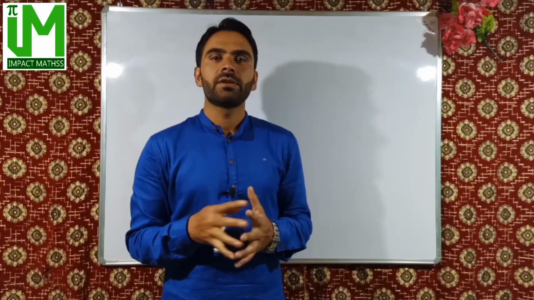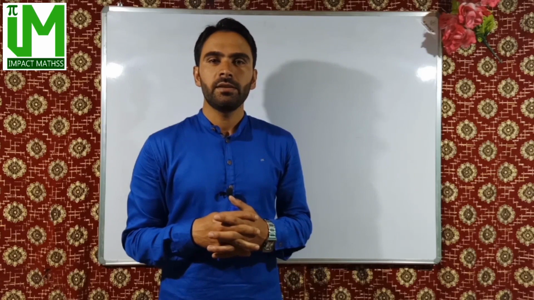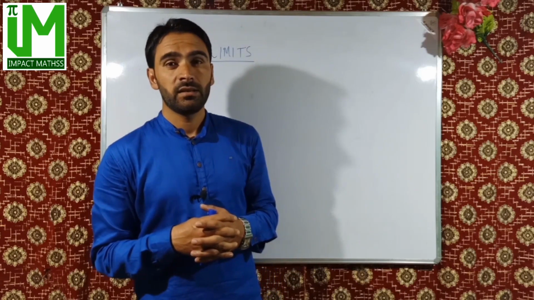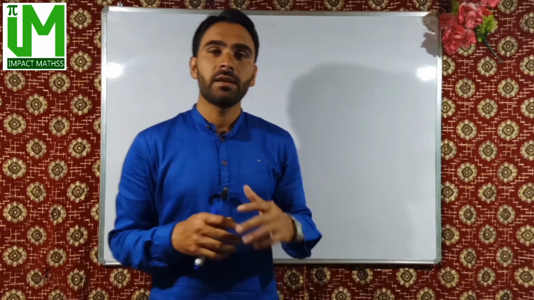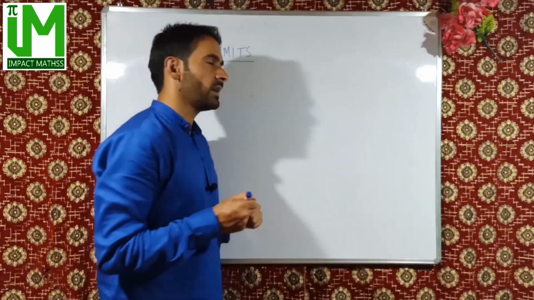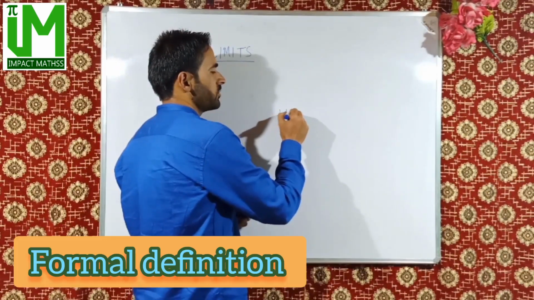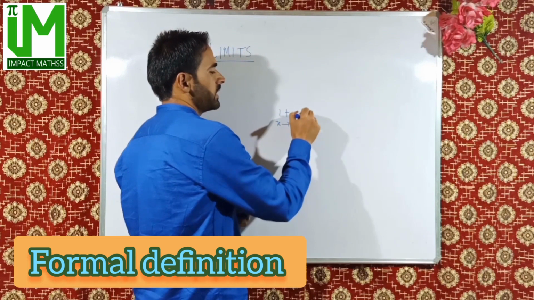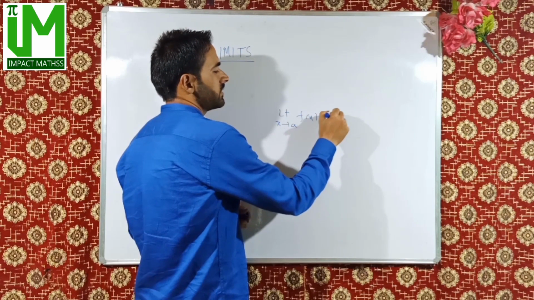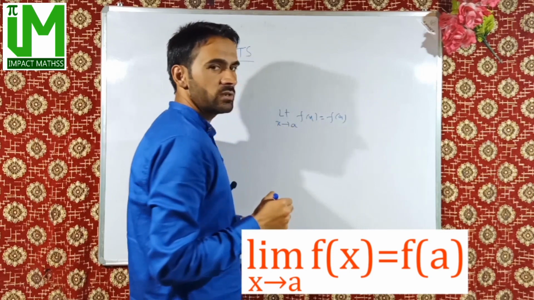If f(x) is a function defined over a domain D and a is any point within its domain, then the limit of the function f(x) at x equal to a will be defined as limit x tends to a f(x) is equal to f(a), which essentially means two things.